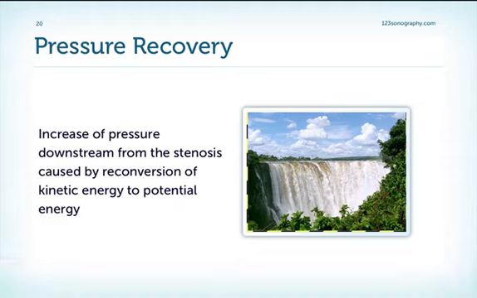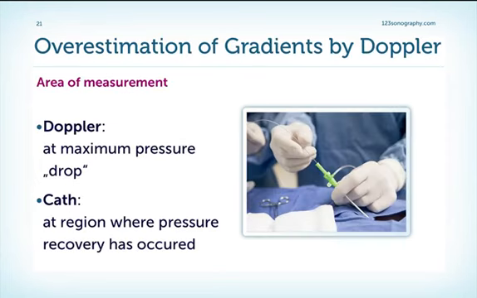What happens is that you have an increase of pressure downstream from the stenosis caused by reconversion of kinetic energy to potential energy. And so we can have an overestimation of the gradients by the echo-Doppler in comparison to the catheter gradients.